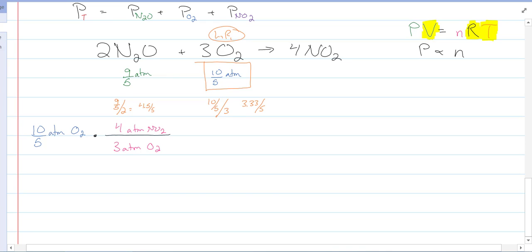And this becomes 40/15 atmospheres of NO2 produced. Or we can make that divided by, 8/3? Yeah. Or we can do, what is that, 2.7? Any of those three work for number 1.